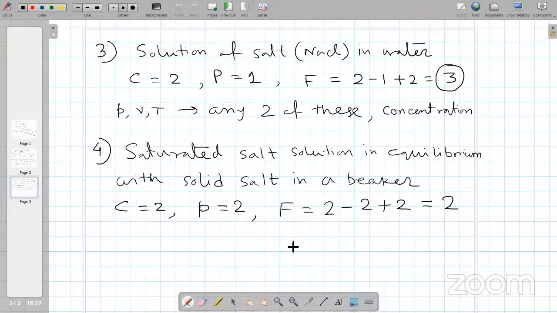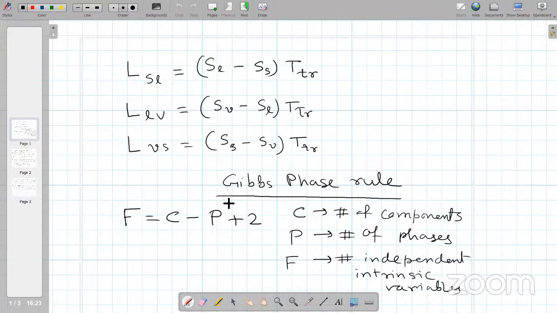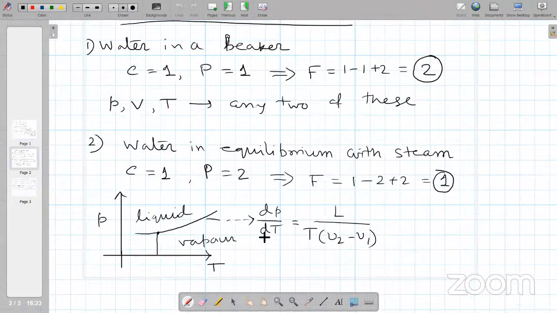Any one of these has to be specified and another parameter, for example, concentration. So the number of independent parameters needed for the total thermodynamic description of the system is predicted very well by this Gibbs phase rule, even for a single component system as well as for a two component or even higher number of components. Even if we have more components, this particular rule will be generally valid.